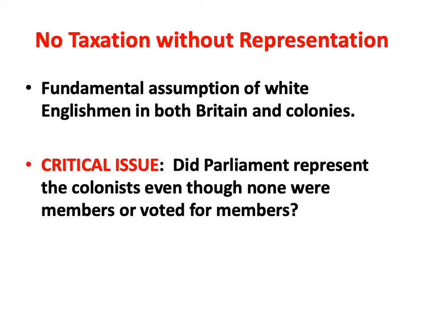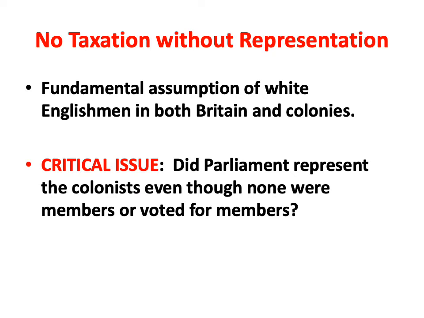No taxation without representation, a phrase that we all have heard before, became much of the rallying cry of those who opposed the Stamp Act. Now, we're well before independence. At this point, really no one in the colonies is talking about independence from Britain. The colonists still view themselves as loyal British subjects living on the other side of the Atlantic Ocean.